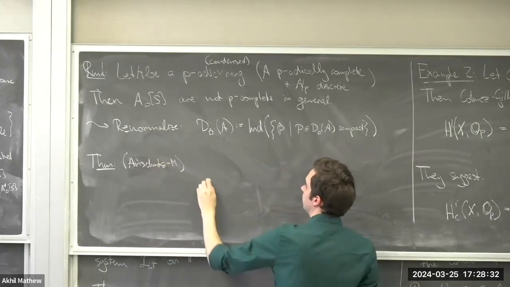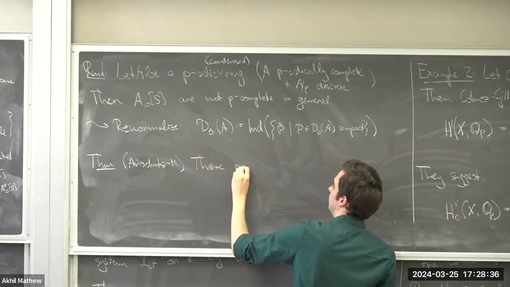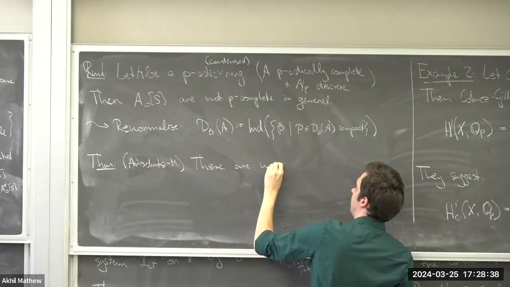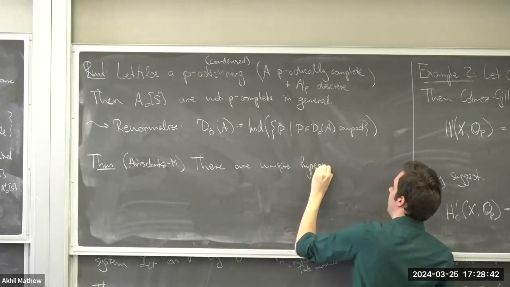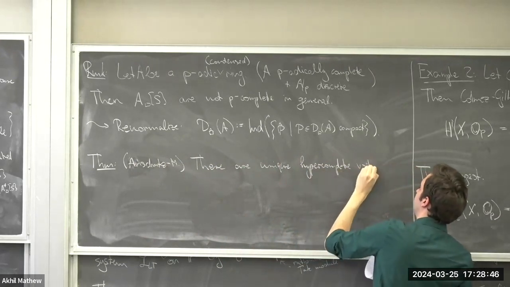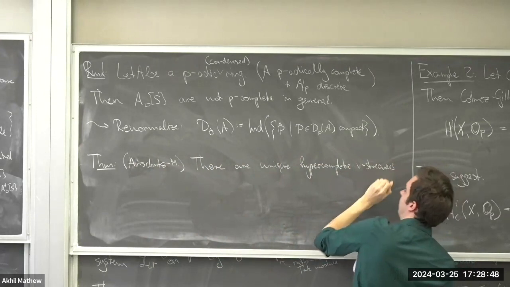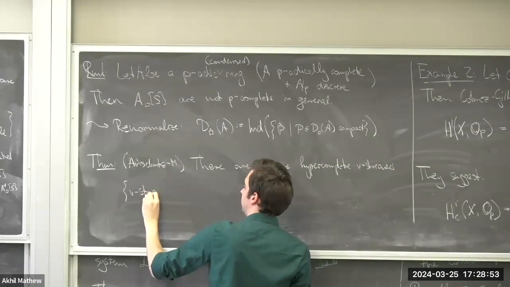It says that, the same as before, there are unique hypercomplete sheaves on the category of v-stacks on vector spaces.